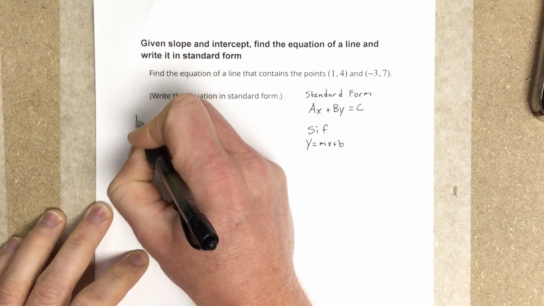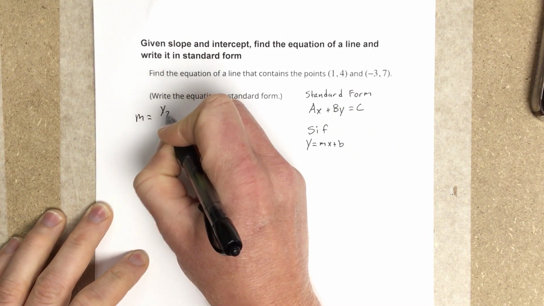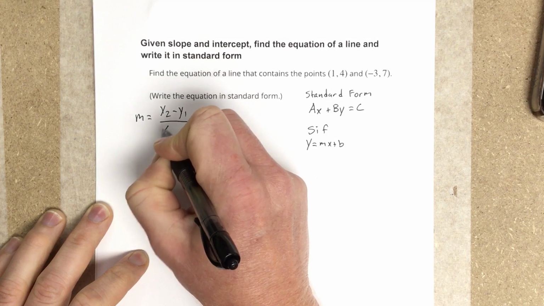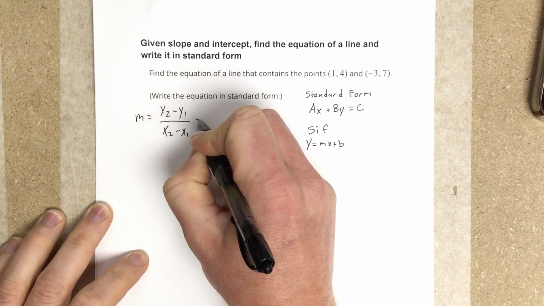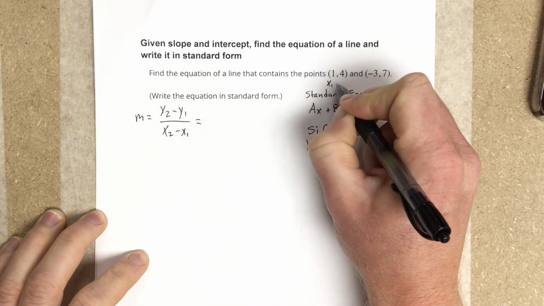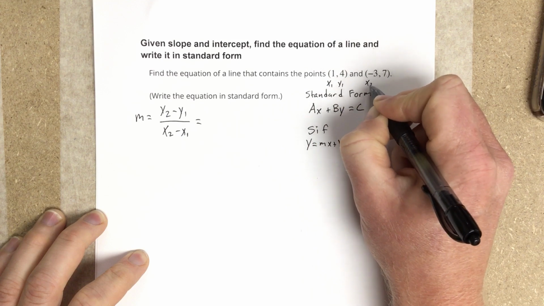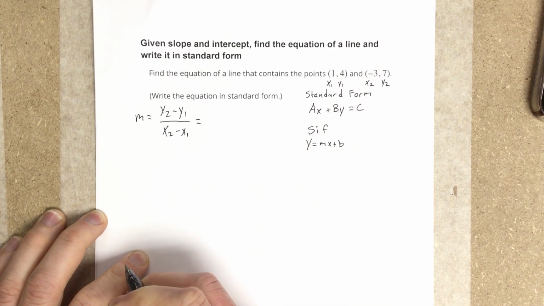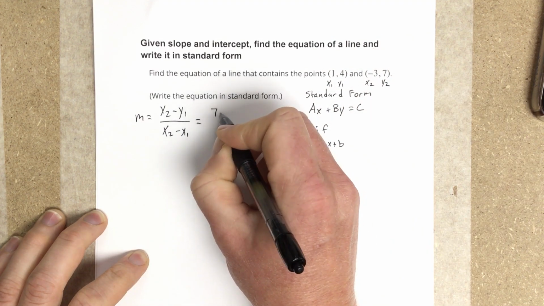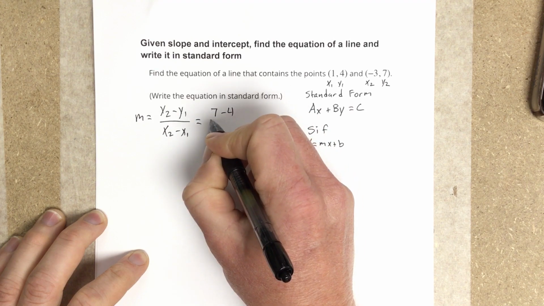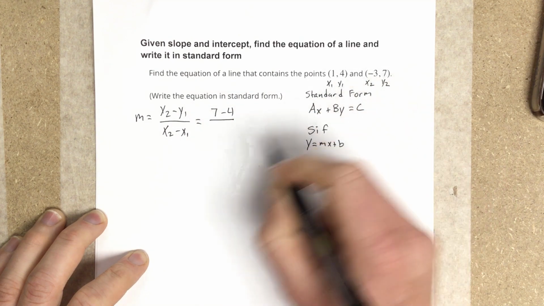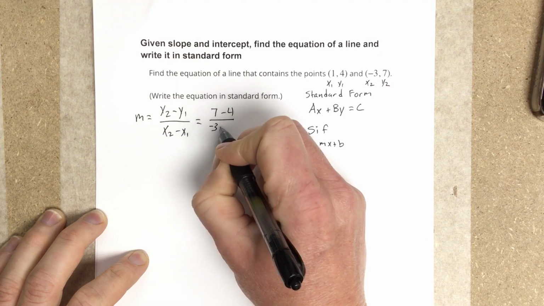And we know the slope is y2 minus y1 over x2 minus x1. Let's label these x1, y1, x2, y2. So we're going to do 7 minus 4, y2 minus y1, over negative 3 minus 1.